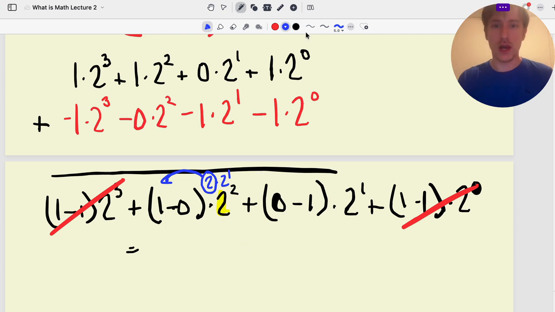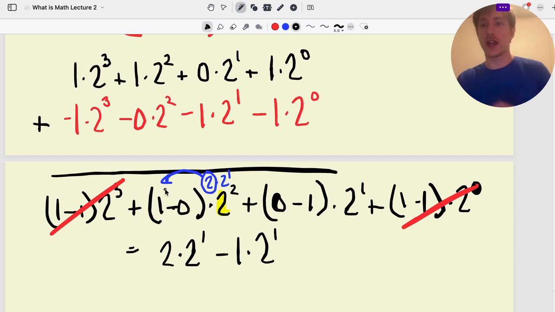And so what I end up with is 2 copies of 2 to the first minus 1 copy of 2 to the first. I can always do that if I have something that's non-zero right here. I can always distribute one of those 2's.